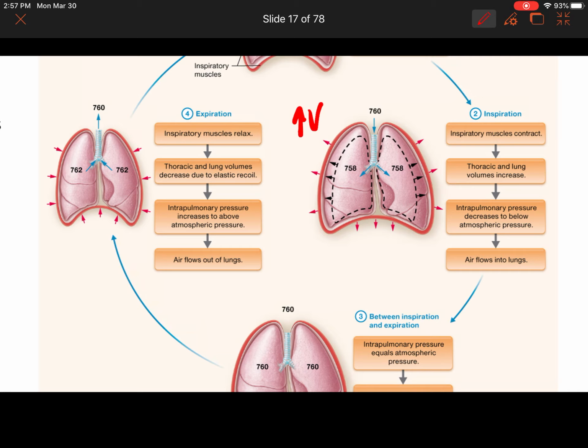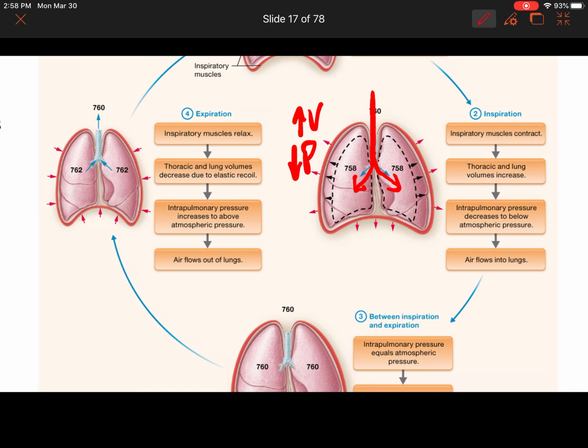The inspiratory muscles, namely the external intercostals and the diaphragm muscle, tend to cause an increase in volume of the thoracic cavity and of the lungs. And since that volume is higher, the pressure within has now decreased. And so that pressure difference there helps to promote a movement of air into the lungs.